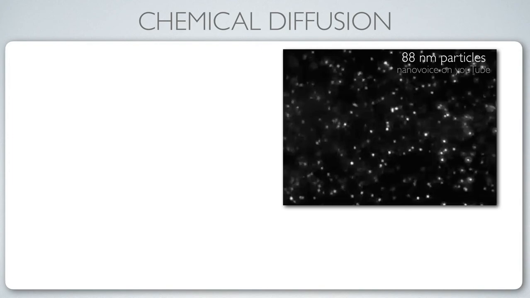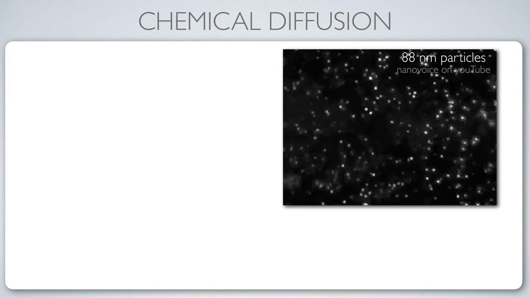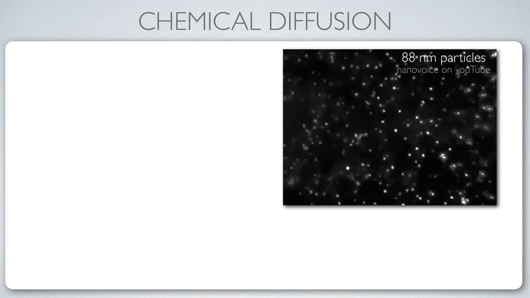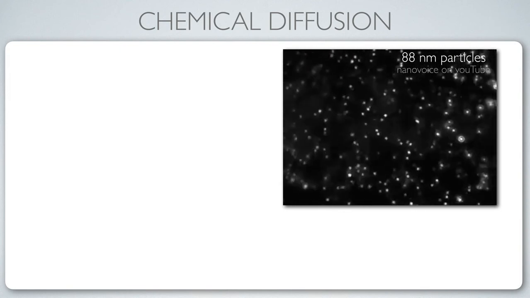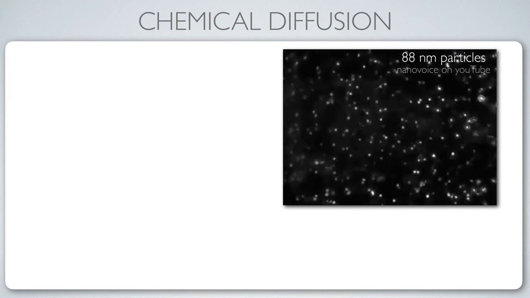For that, we're going to look at this movie here, which is just particles that are nothing special except for the fact that they're really tiny, 88 nanometer diameter particles. Let's just look at how they move. It's this frenetic thermal random motion that we can exhibit just by looking at these small particles under a microscope.